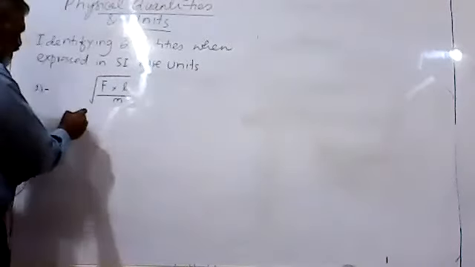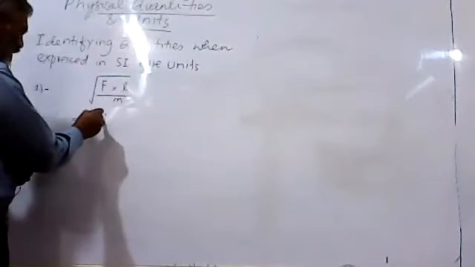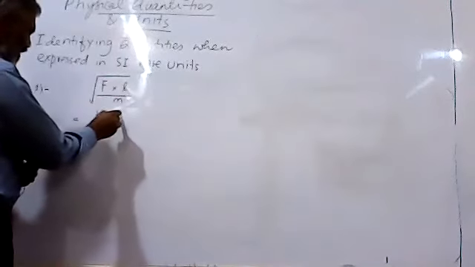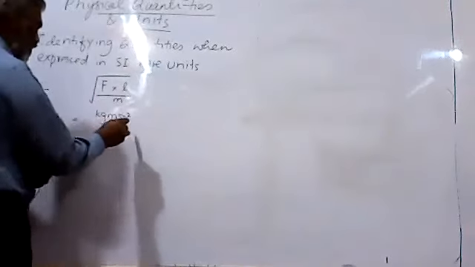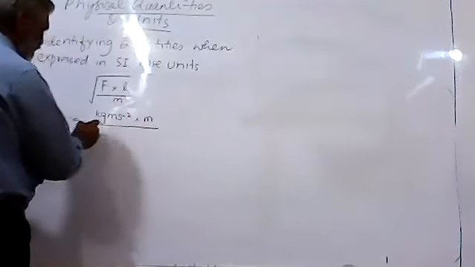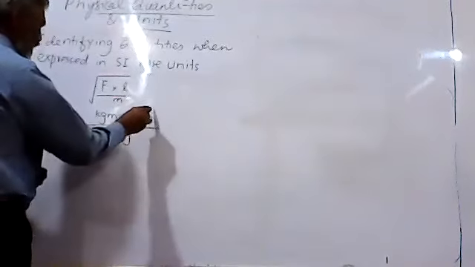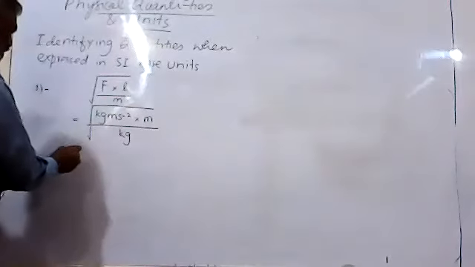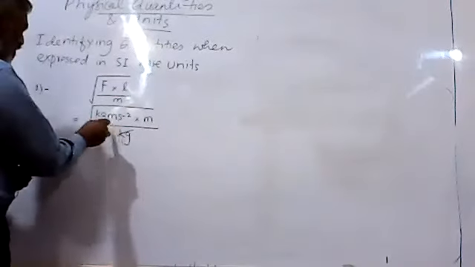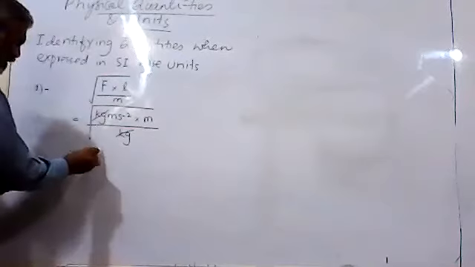If I express force into base units, it will be kilogram meter per second square. Length is meter. This is mass, so kilogram, and all this under root. This kilogram will get cancelled with this kilogram, and this meter will be squared.